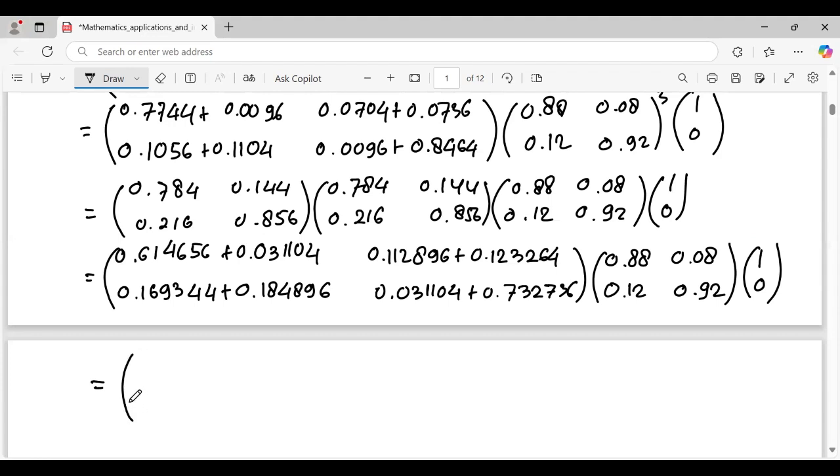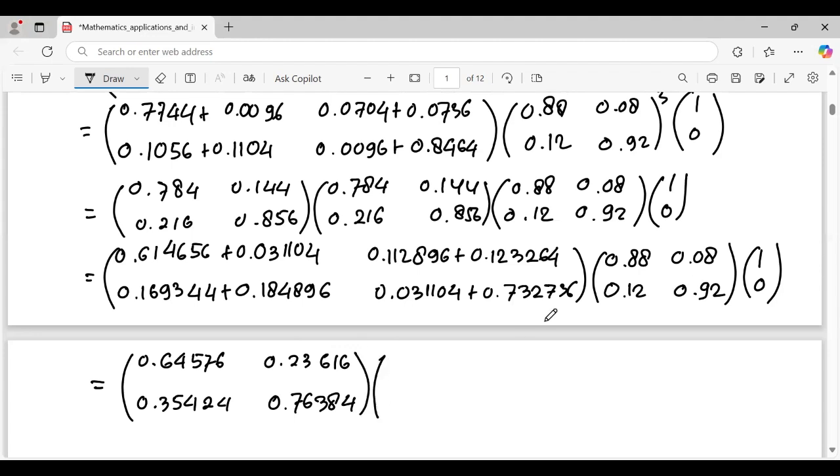After that, we calculate this accumulation, which equals 0.64576, 0.35424, 0.23616, 0.76384.